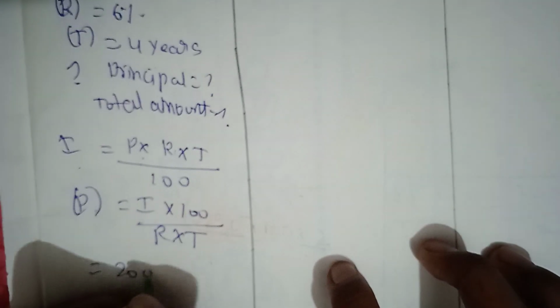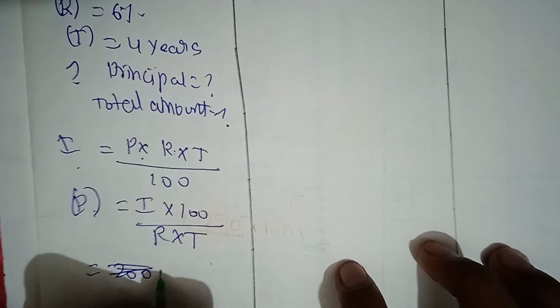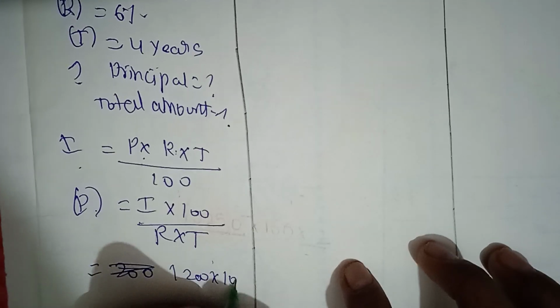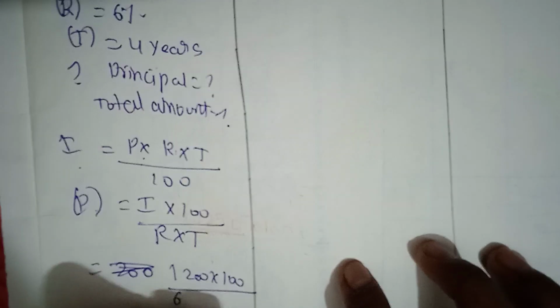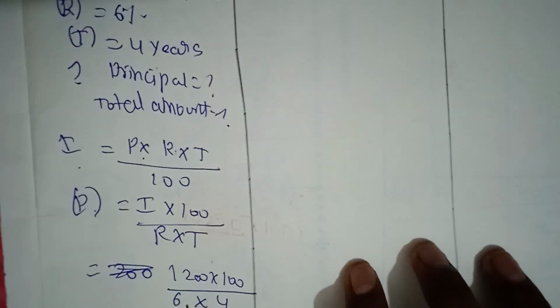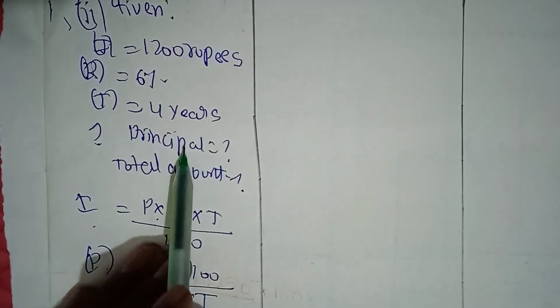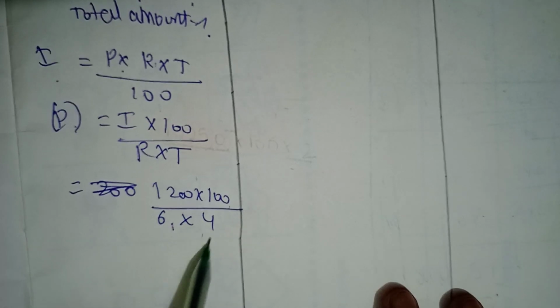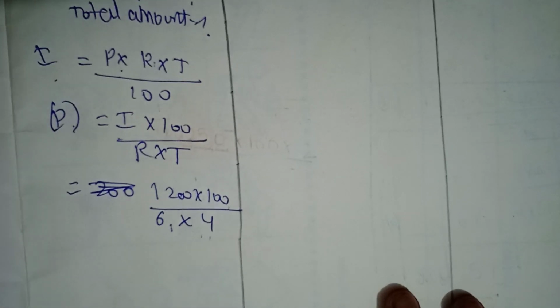So we are left with 1200 into 100 upon 6 into 4, because the interest is 1200, it's given in the question.